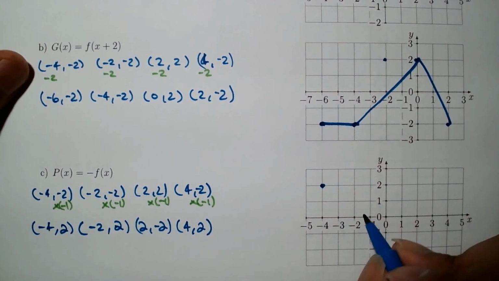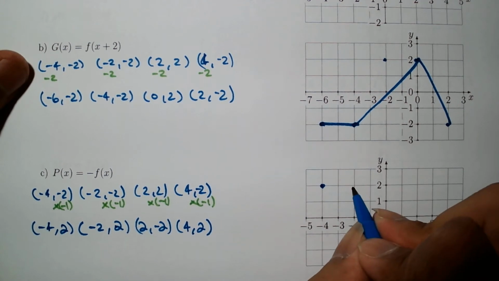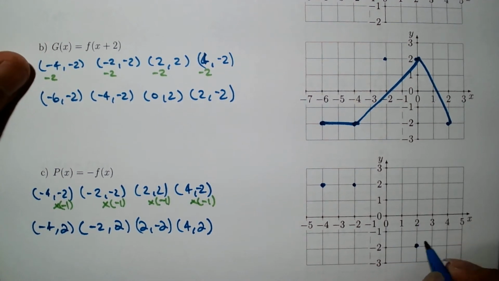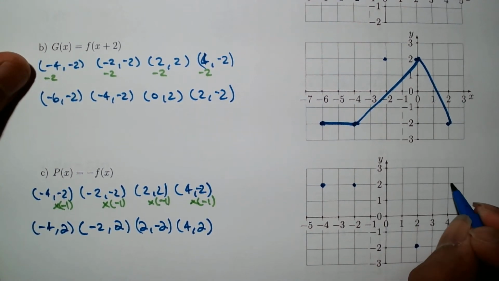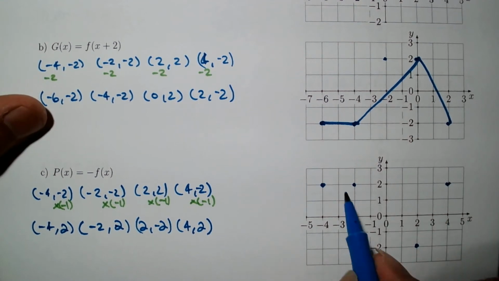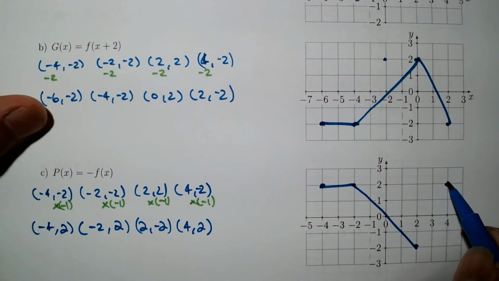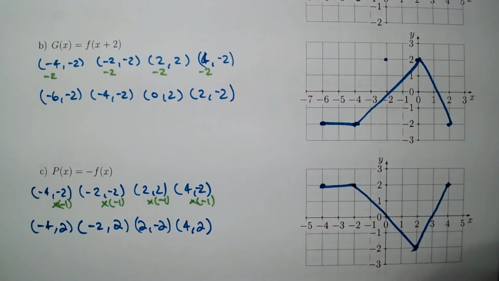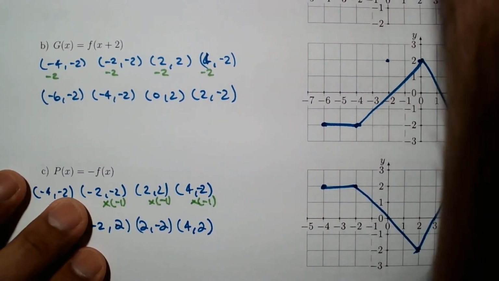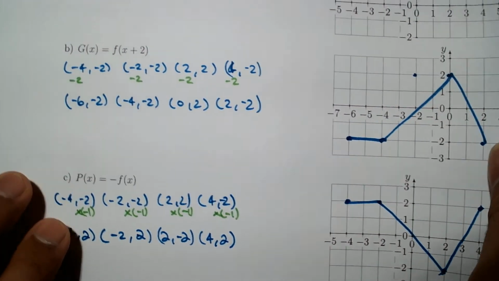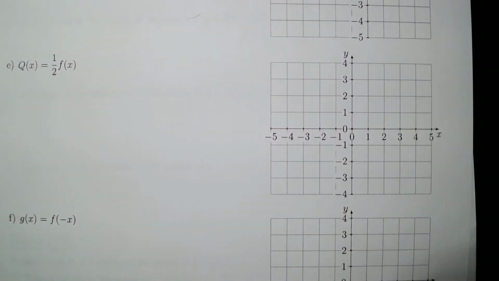Negative 2, comma 2. 2, negative 2, and 4, comma 2. So all we got is a graph now that is upside down. Okay, let's see. Let's move on to the next example, to the next part of the page.